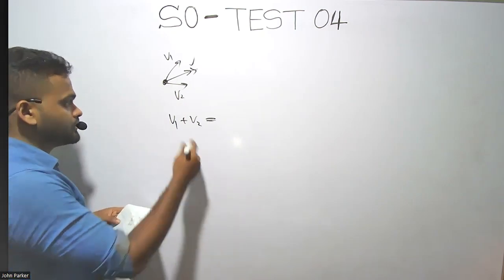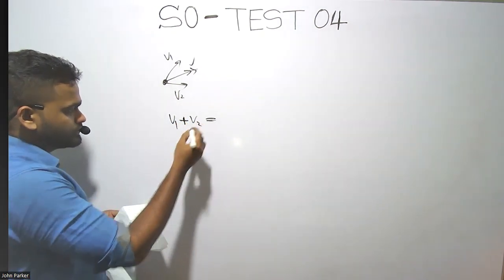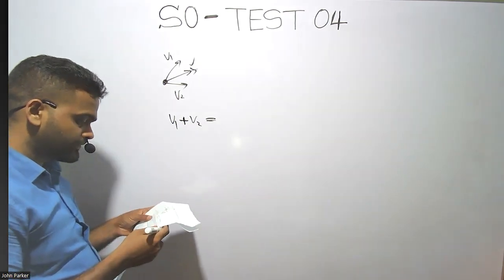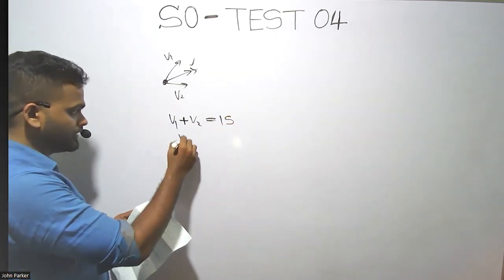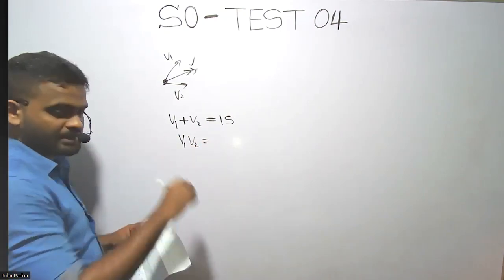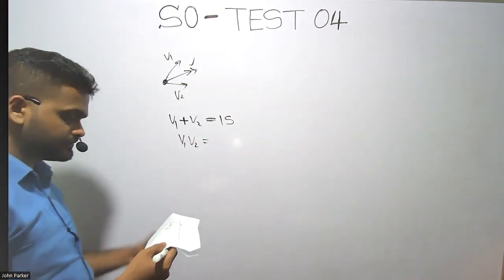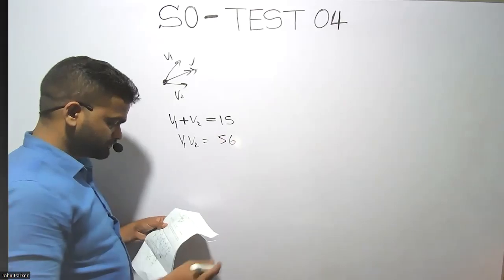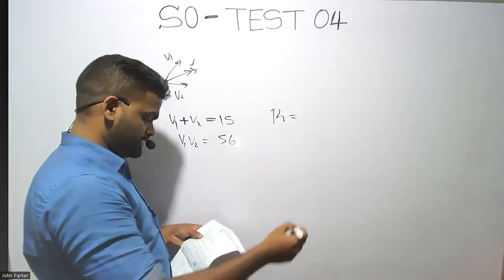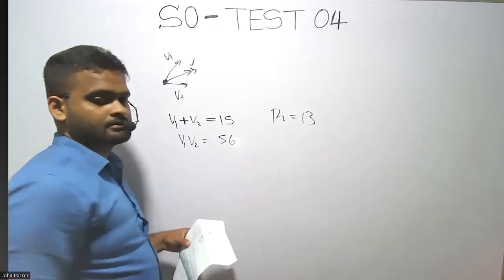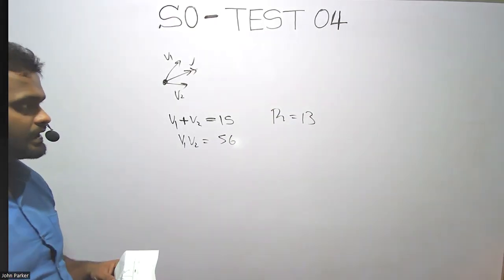So since they are talking about magnitudes, you can just add those two, and that becomes 15, they say. Then when you multiply those magnitudes, it is 56. Then they say the resultant velocity is 13. So those are given, right?